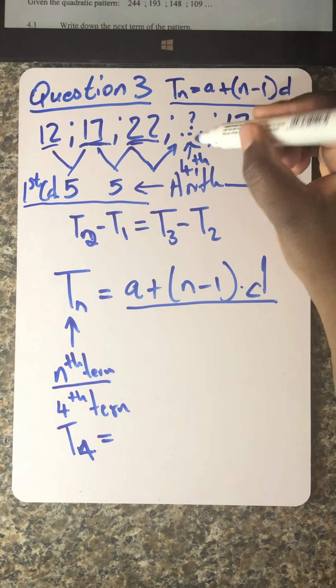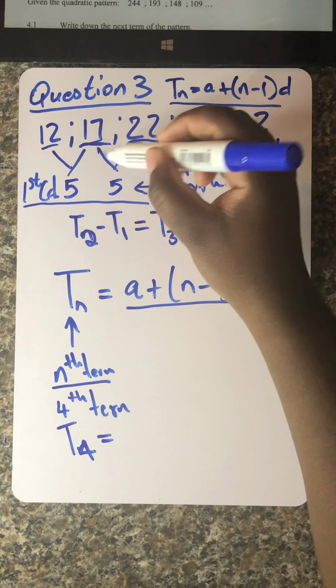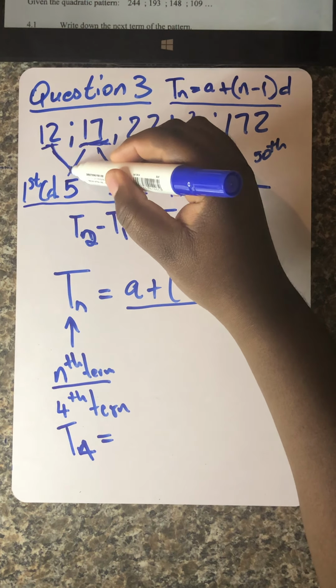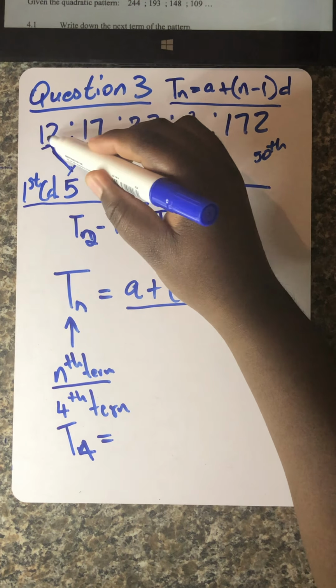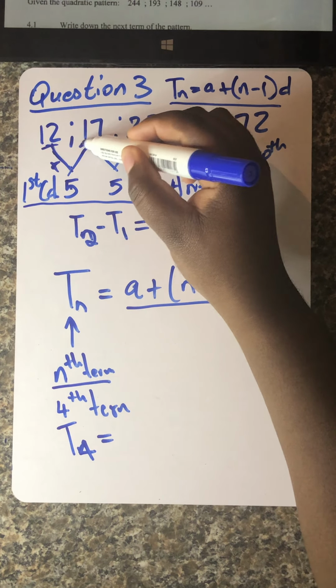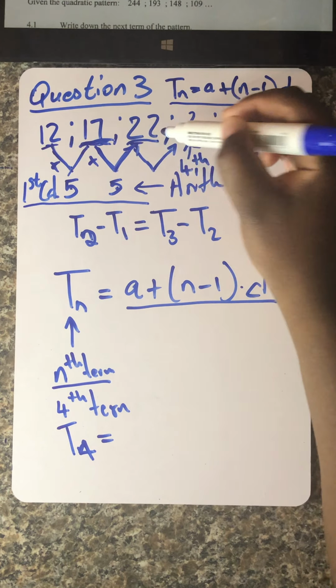But in some instances, you might find that they want you to calculate maybe the 50th term. You can still do it manually by just adding. Obviously, for you to get 17 from 12, you add 5. So 12 plus 5 gives you 17, and then 17 plus 5 gives you 22.